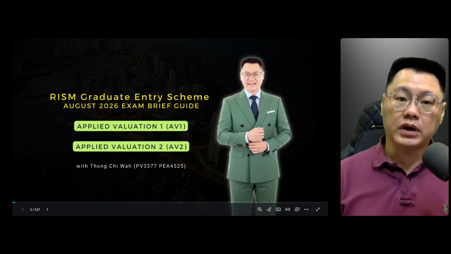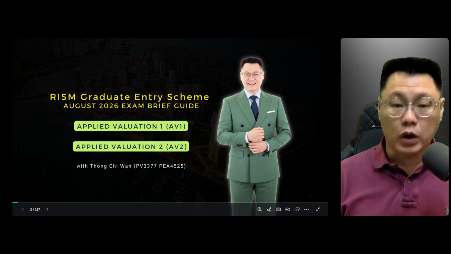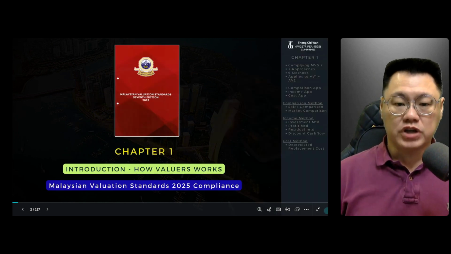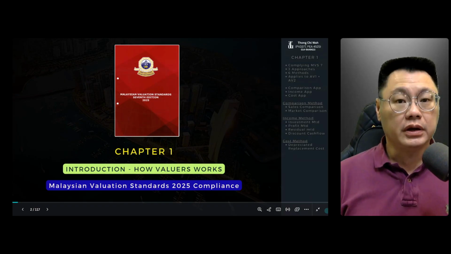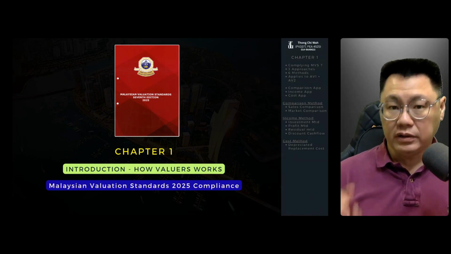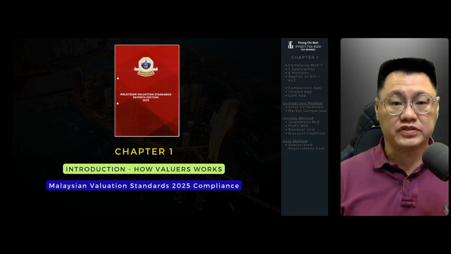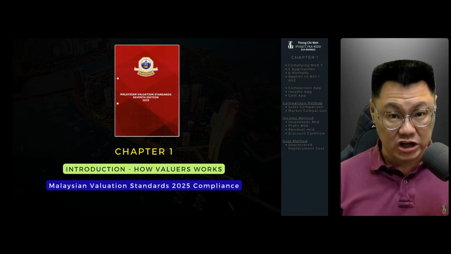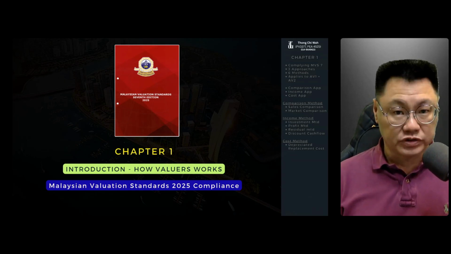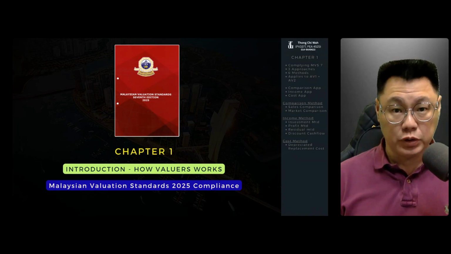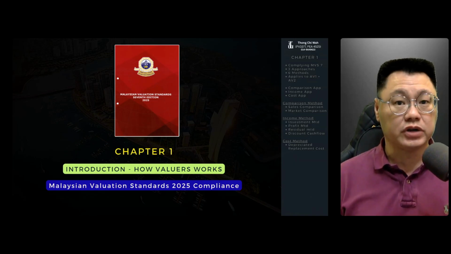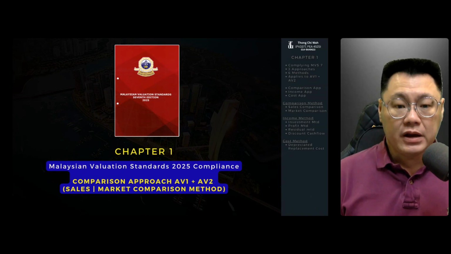So today we're going to do what we call chapter 1. In chapter 1, we're going to learn how valuers work, and they work using the Malaysian Valuation Standard 2025 edition. The latest one was created, issued and published to all valuers in 2025.